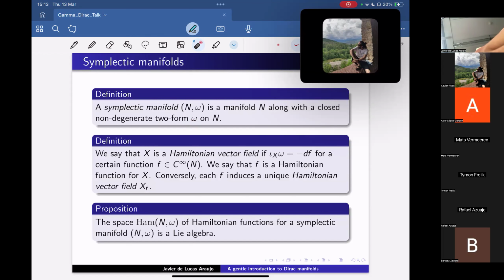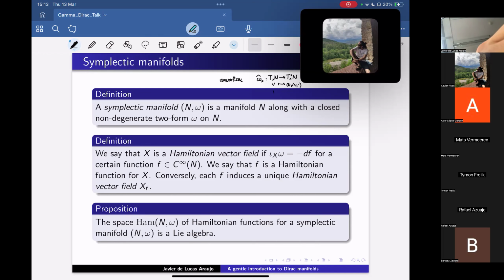One is to understand that at each point you can define a certain mapping from the tangent space to the cotangent space at the point, such that the application making the contraction of the form with a tangent vector is an isomorphism. This is one of the ways of understanding that the differential two-form is non-degenerate.